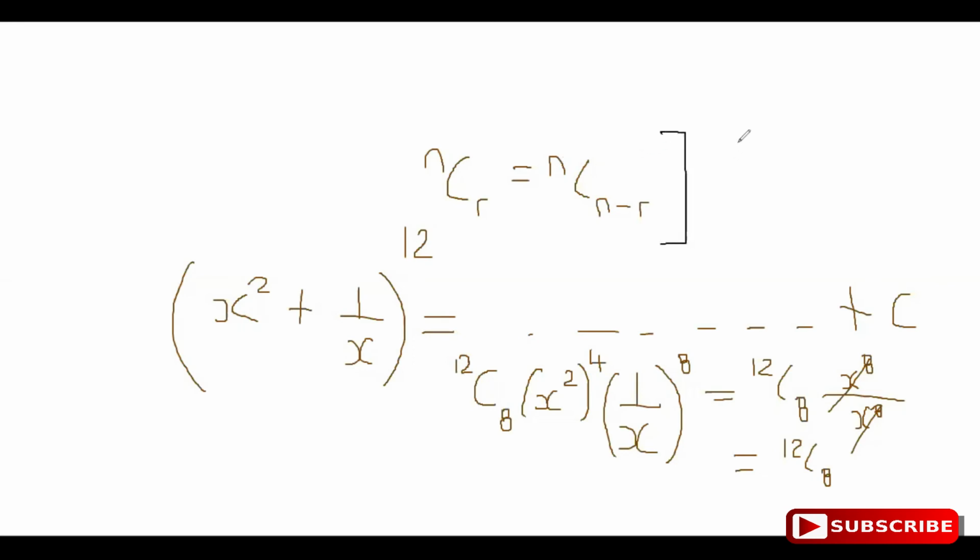So use that. 12 choose 8 is going to be equal to 12 choose 12 minus 8, which is 12 choose 4. So that's the answer. 12 choose 4. So 12 choose 8 equals 12 choose 4.